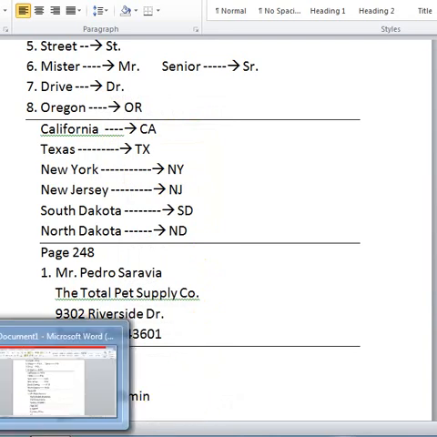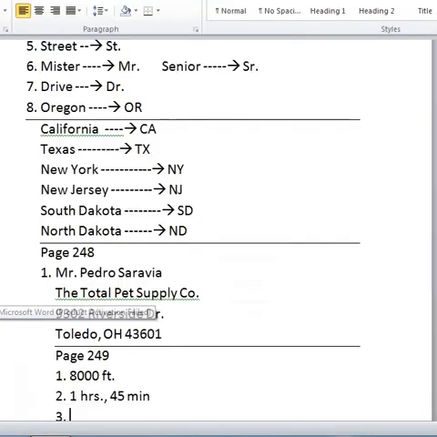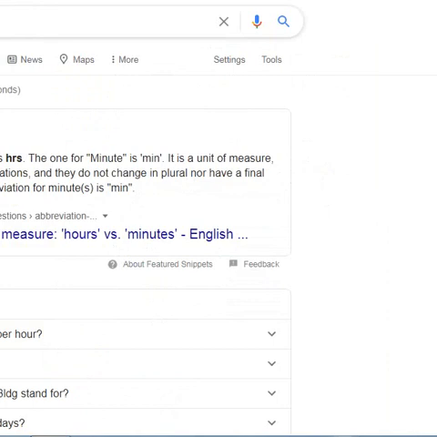Okay, number 3. Tuesday, January 7th, 1806. So we're looking for Tuesday, right? Let's see. Let's do over here in Google abbreviation of days of the week.